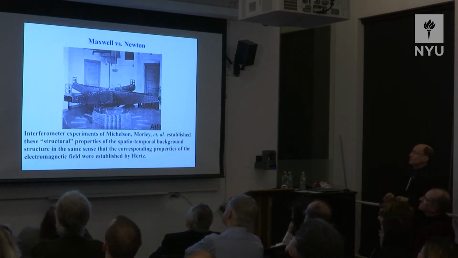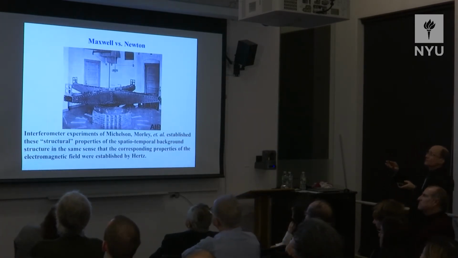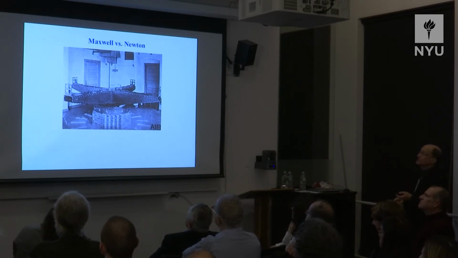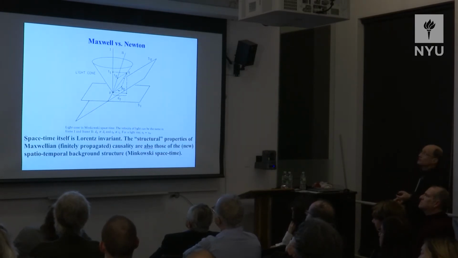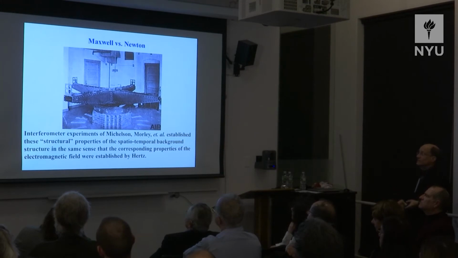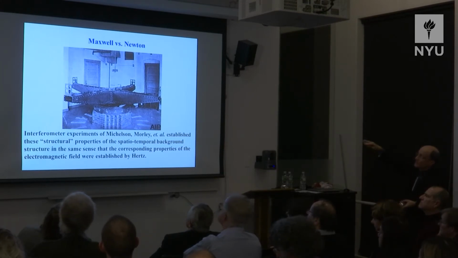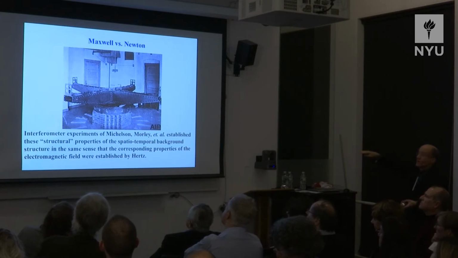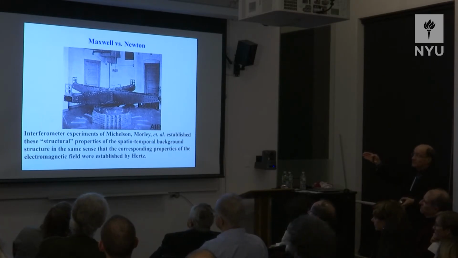Okay, the Michelson-Morley experiment, one can think of as establishing this structure in that it shows that the velocity of light is indeed the same, as far as we can tell here. The idea is this thing is rotating. It's mounted securely on the Earth, as securely as one can mount it. The motion of the Earth should have some effect on the velocity of light.